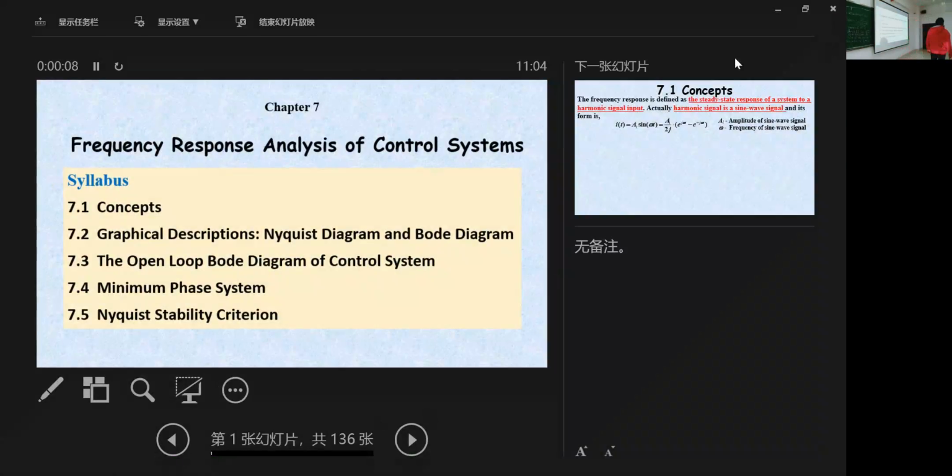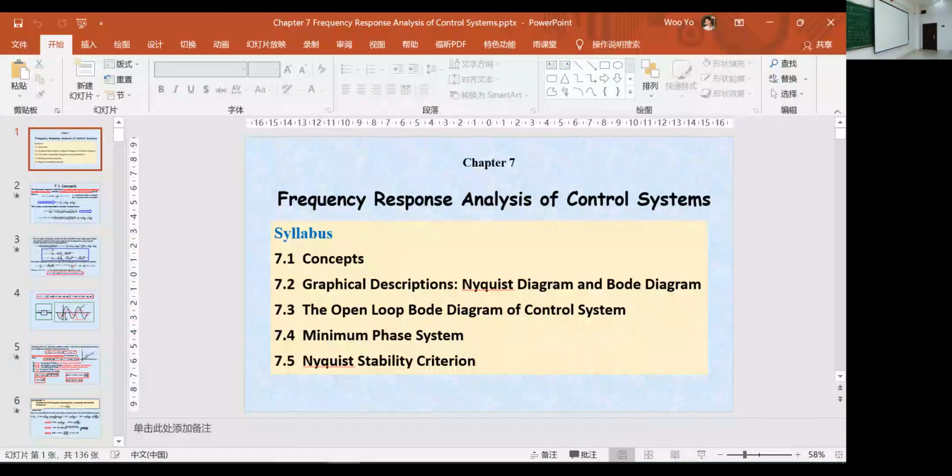Am I sharing the screen? You see if I'm sharing the screen. Oh yeah, share.